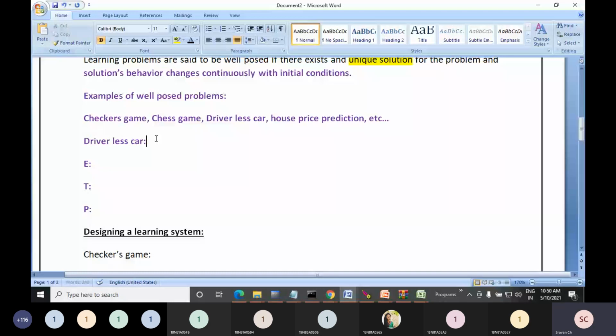Tesla has attempted, even Google has attempted this. As of now, the driverless car is not there in the market, but very soon you will see a driverless car also.